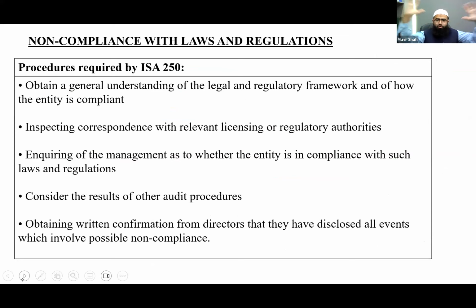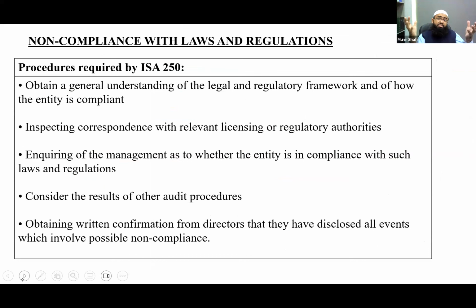First of all, obtain a general understanding of what the legal regulatory framework is. Inspect the correspondence with the legal authorities, because legal authorities might have sent notices for any non-compliances, imposing penalties. So go and inspect those notices, see that correspondence. Inquire of the management: what do they know about a non-compliance?